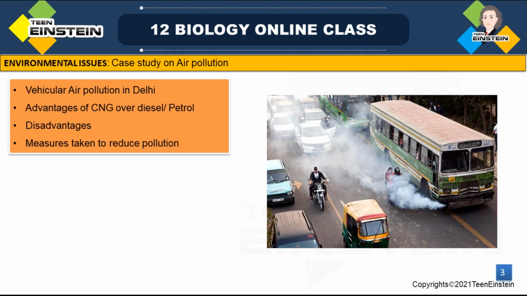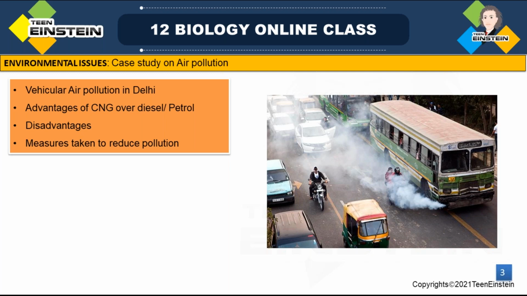It became a very dangerous and serious situation, and the public filed a litigation in the Supreme Court. Then after that, the government was asked to take necessary actions or appropriate measures within a specific time period.